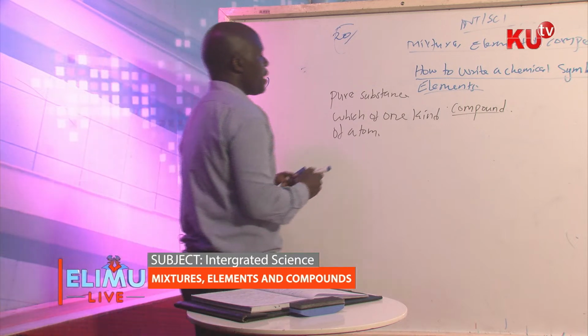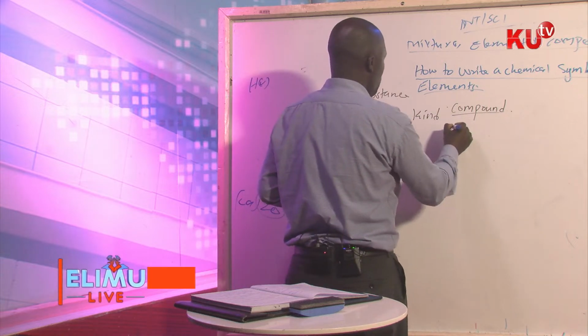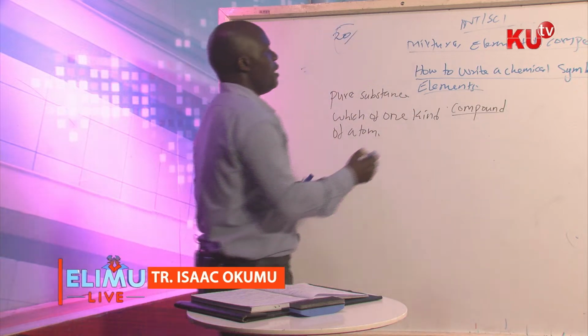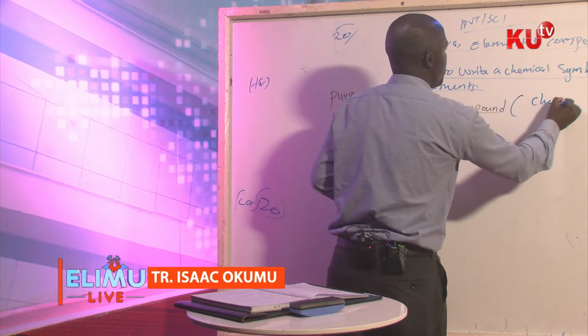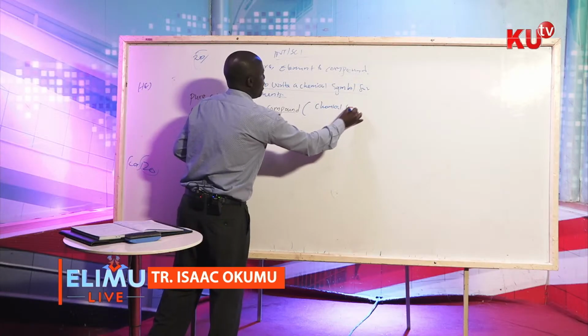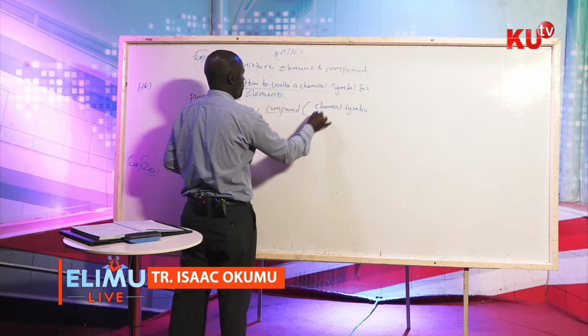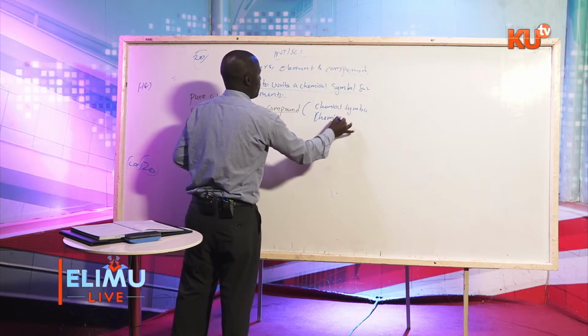So for us to come up with a compound, we must combine two elements together. And therefore, in the compound, we don't talk about chemical symbol, but we talk about chemical formula.